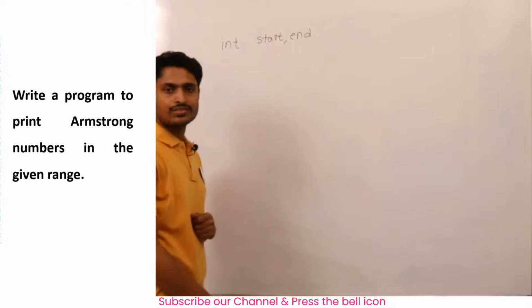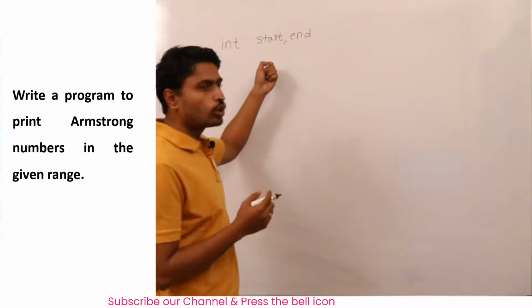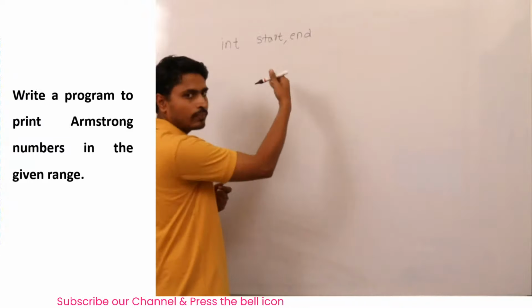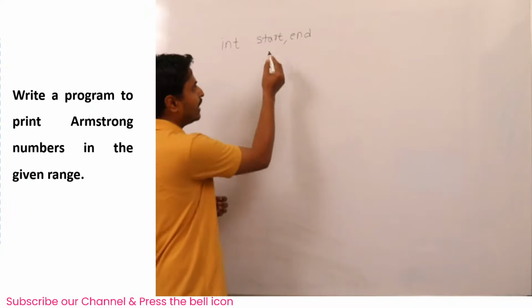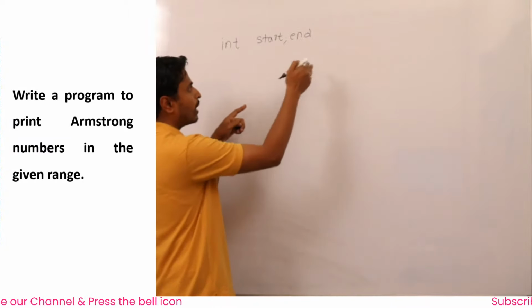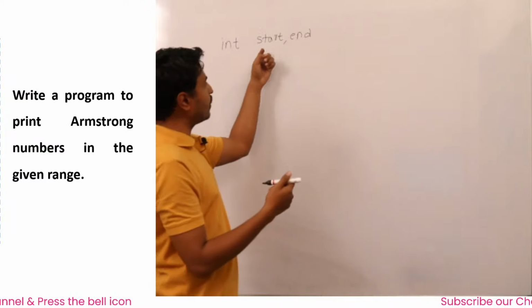These should be user defined, so obviously you have to take these values using scanf. First, the message should be printed, like printf enter start, then scanf in double quotes %d comma ampersand start. In that way we take these values from the user.